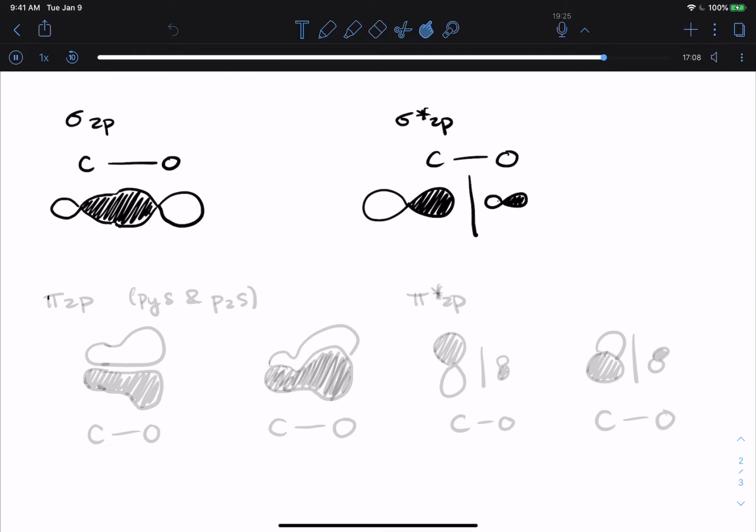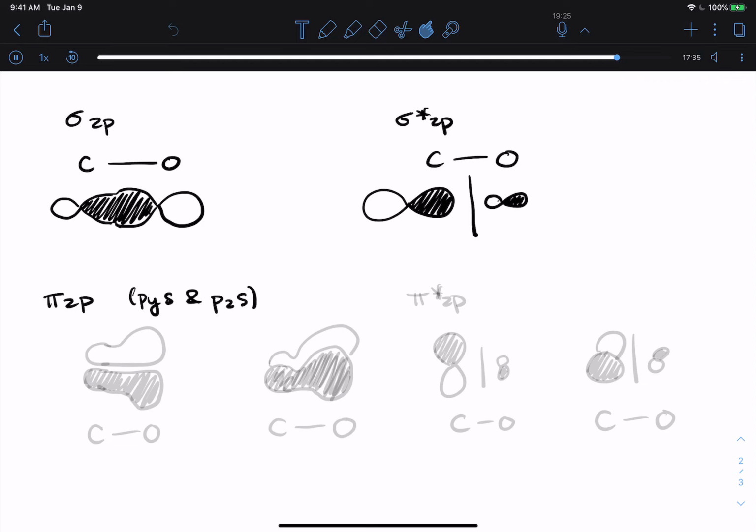My pi 2p set, right, one from py's and one from pz's. I guess it's kind of hard to show these as plural. So, bonding closer in energy to oxygen.